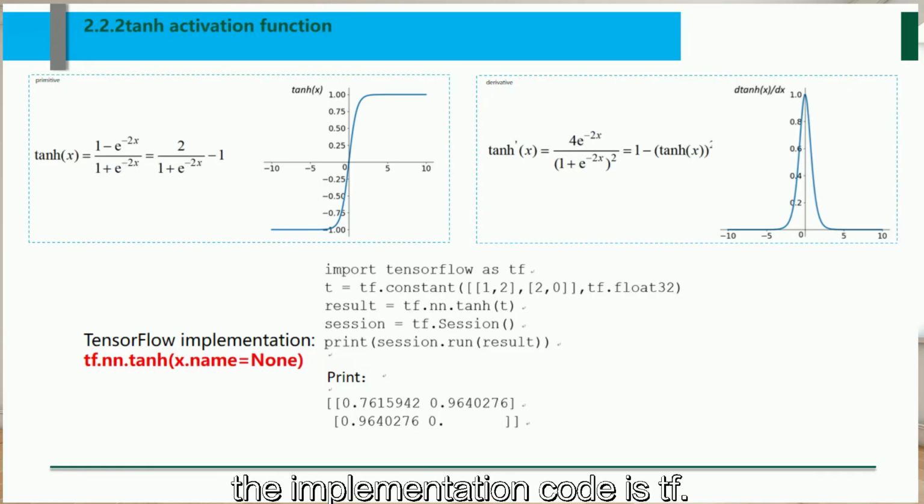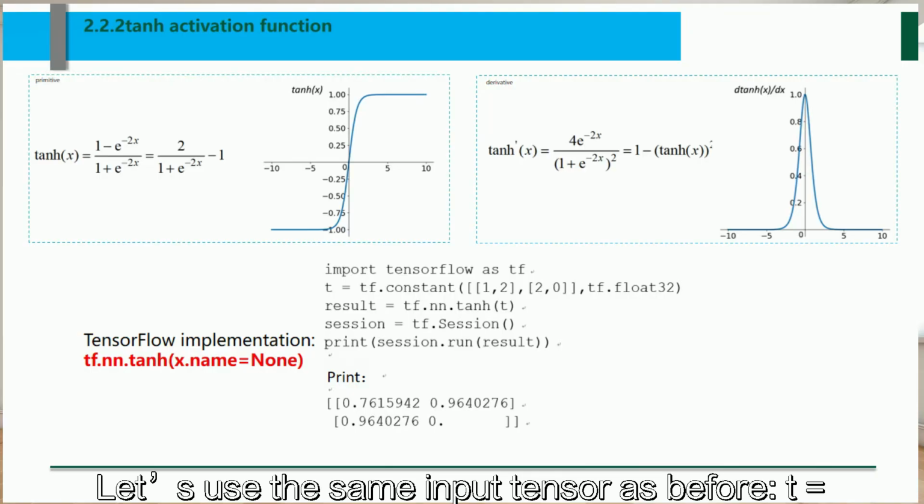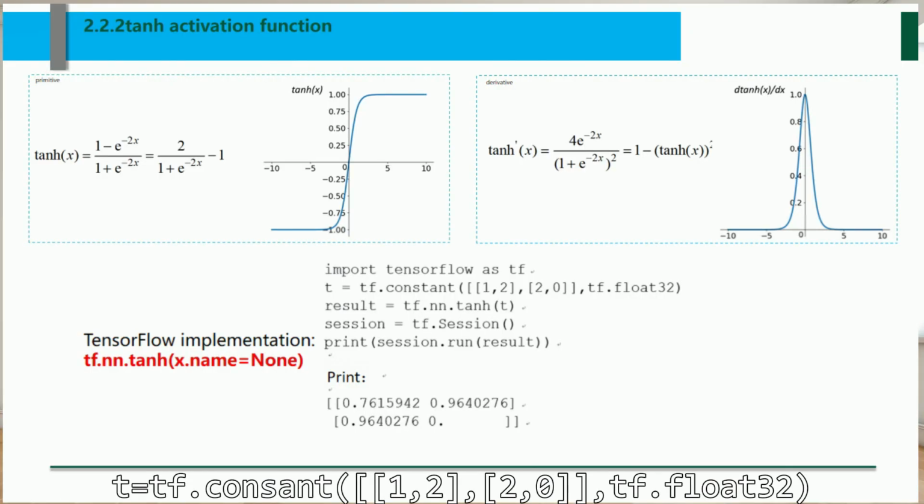In TensorFlow, the implementation code is tf.nn.tanh(x, name=None). Let's use the same input tensor as before, t equals tf.constant 1, 2, 2, 0, tf.float32.